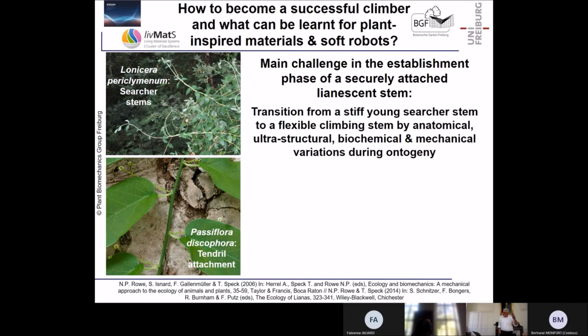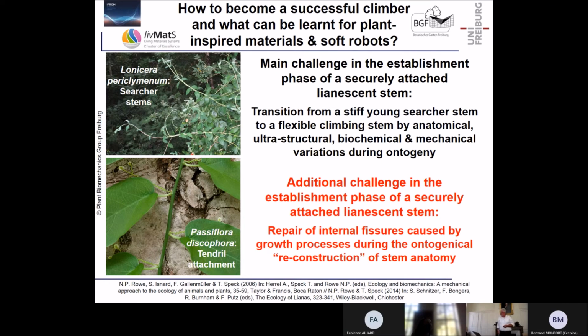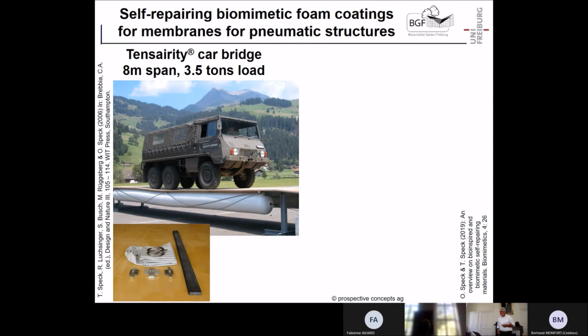Before I go to my last moving example, I want to show you something which is also inspired by lianas. This is self-sealing. I told you that liana stems, if they're old, have to grow, and then they cause internal fissures. The sealing of these internal fissures was our idea for a self-sealing foam for pneumatic systems.